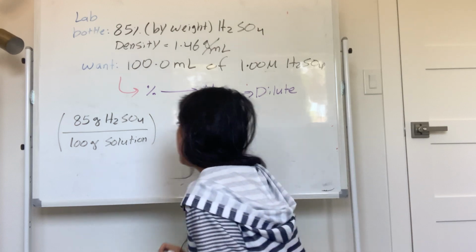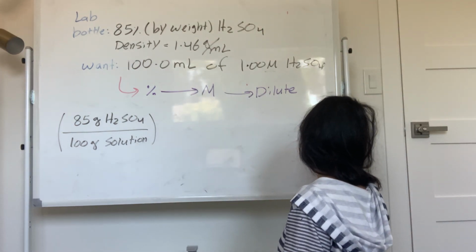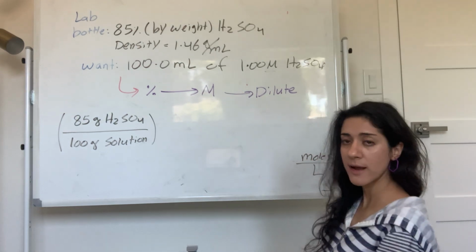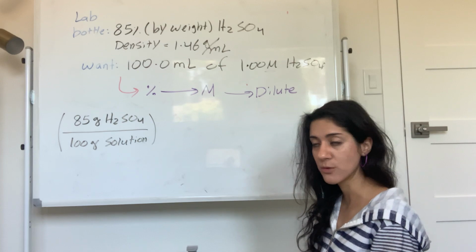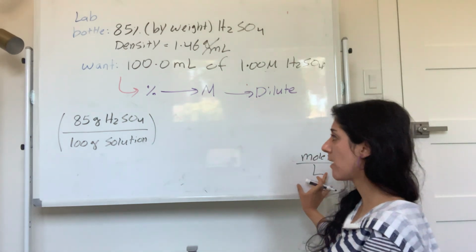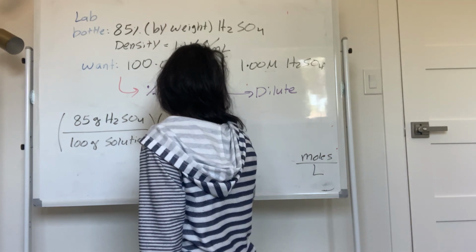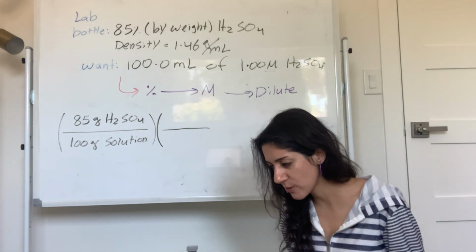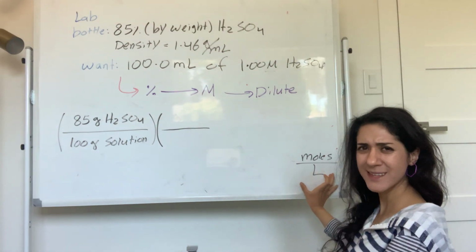Okay, and remember what I want to end up with is moles per liter, right? I want to end up with moles of H2SO4 over liters of solution. So looking at that, I know I don't want the grams of H2SO4. I want moles, because again, let's pay attention to this part.